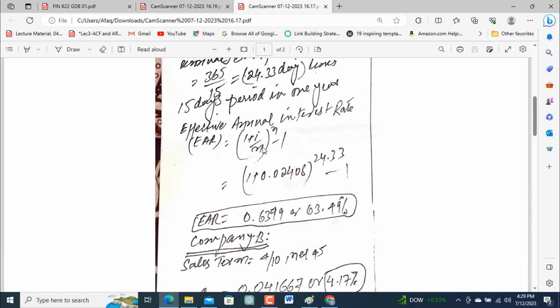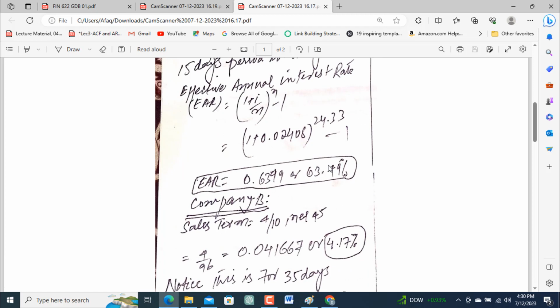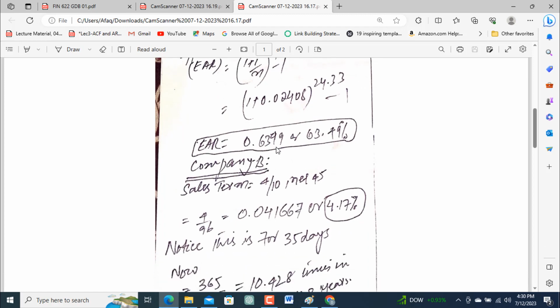Adding 1 to it, this is the compounding formula. Here n is the number of periods, 24.33. So minus 1 is equal to 0.6349 or 63.49%.